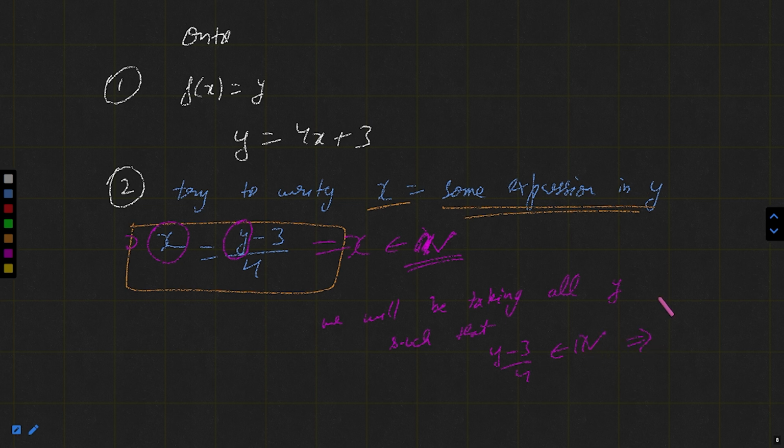This means (y minus 3) by 4 is equals to x must belong to the natural numbers. Yes, this means y minus 3 is equals to 4x, so 4x plus 3 belongs to the natural numbers. So this means the set of all y such that this happens.